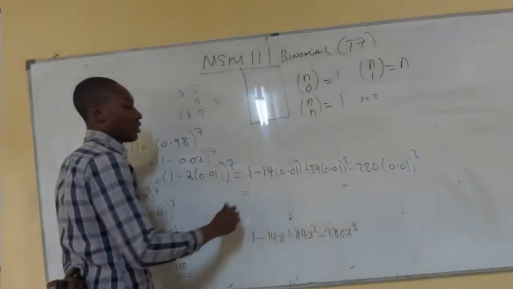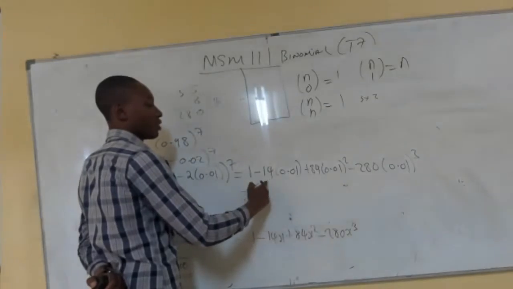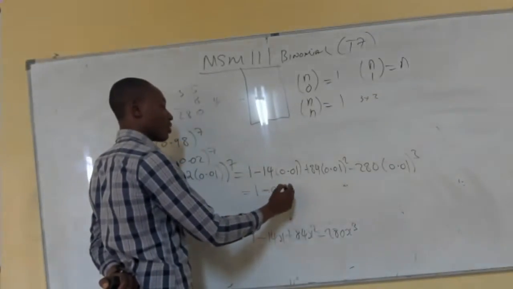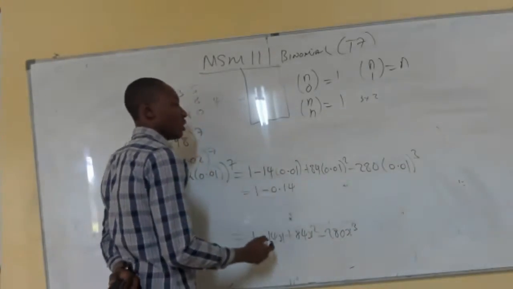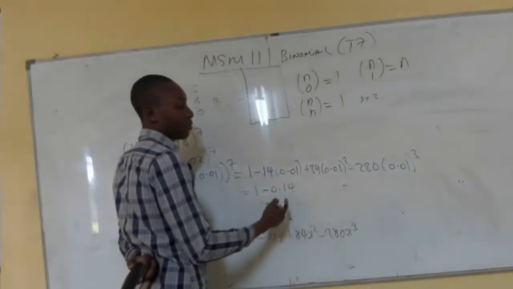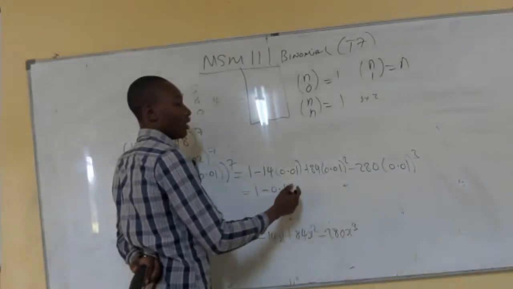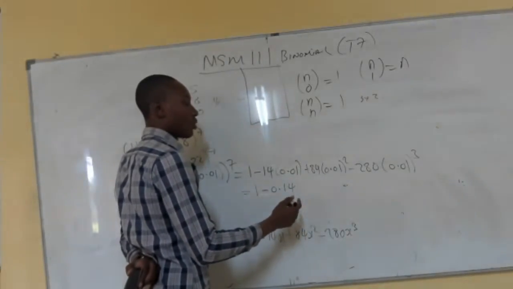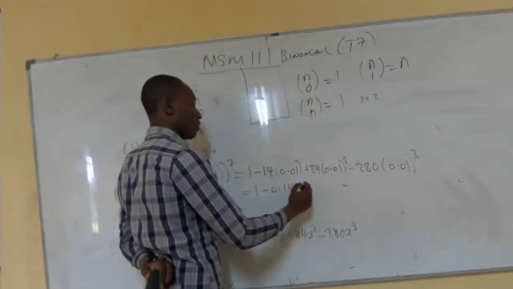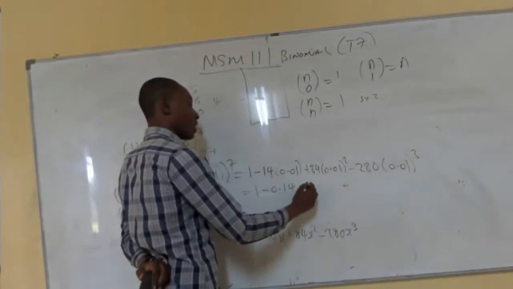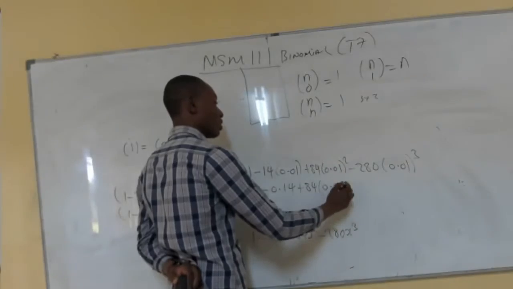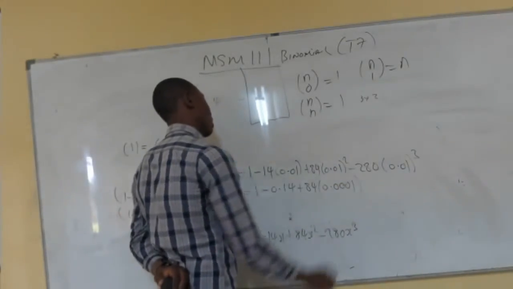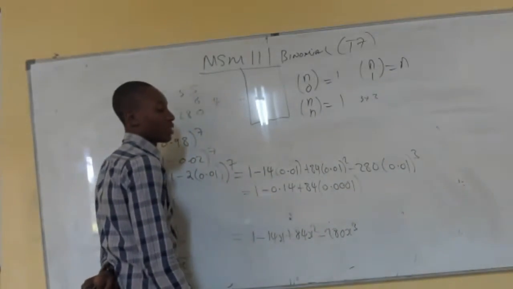Basically what we have now is 1 minus 14 times 0.01, which is 0.14. 0.01 to the power 2 is 0.0001. So this is the same as 84 multiplied by 0.0001. Okay, so this is what you get.